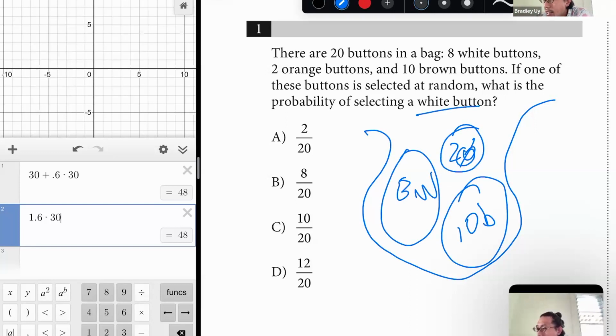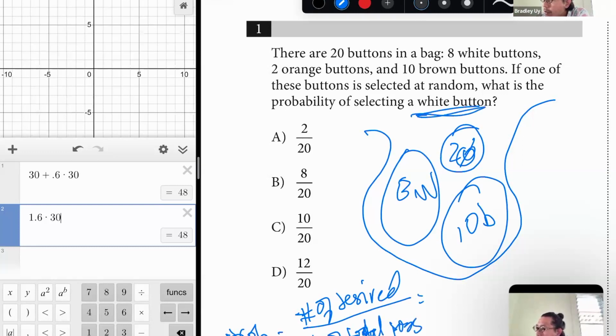Basic probability is the number of desired outcomes over the total number of possible outcomes. So we're looking for white. There are 8 white, the number of desired outcomes, and there are 20 possible outcomes because there are 20 buttons.